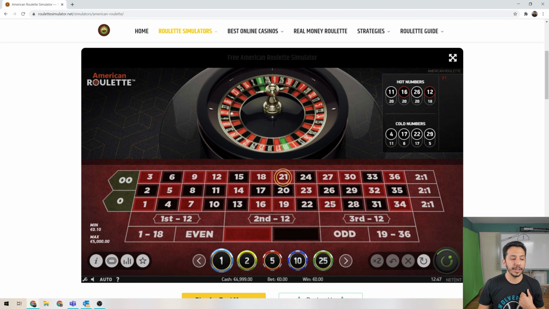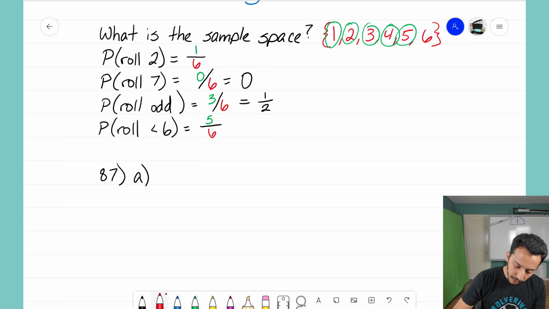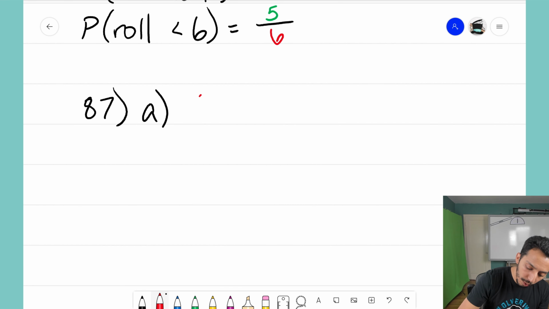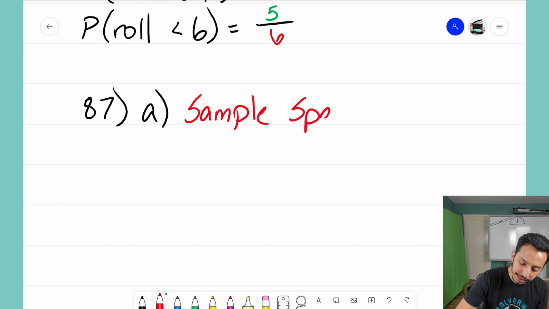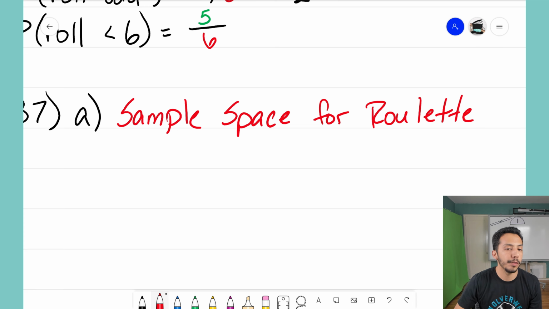Now I'm going to switch back over here real quick because my question to you guys, this is 87A, is, what would we say is the sample space for roulette? What is the sample space for roulette?